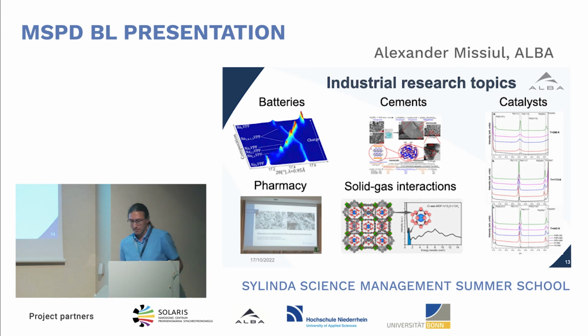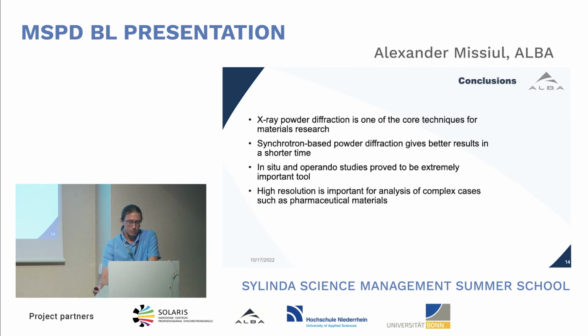Okay, so this is basically all that I wanted to show you. Just to summarize, X-ray powder diffraction for material science is probably the core technique. Everything starts with powder diffraction, most typically with laboratory, and then if you need more detailed information, you go to synchrotron. Because at synchrotron, you have better results and get them in shorter time, and this shorter time gives you access to in situ and operando studies.